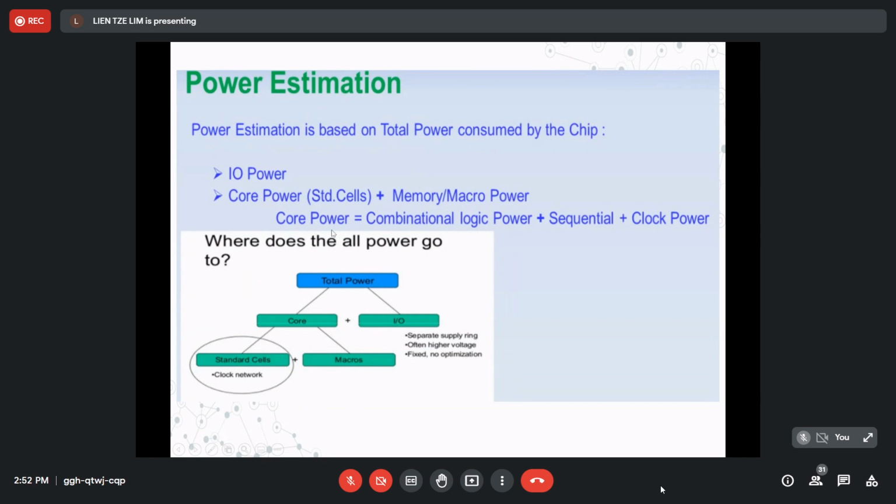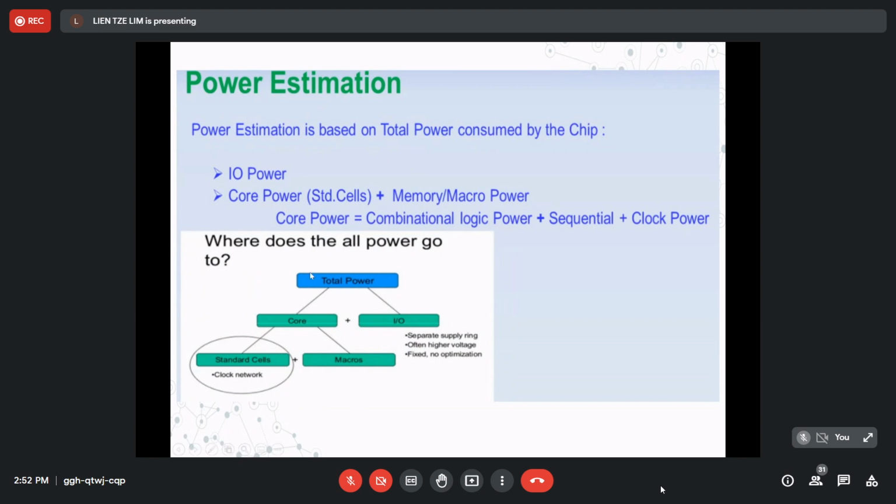Core power considers the combinational logic power, sequential power, and clock power. So all these have to be considered when doing the power estimations.